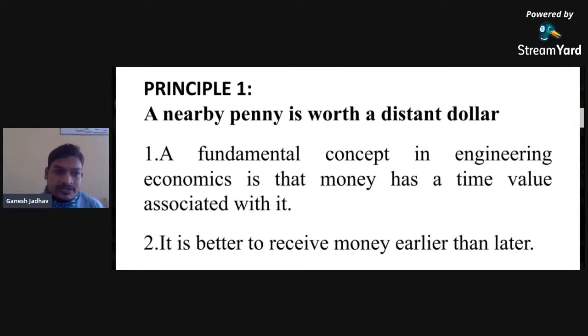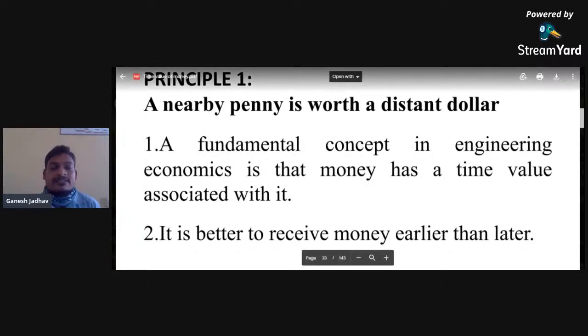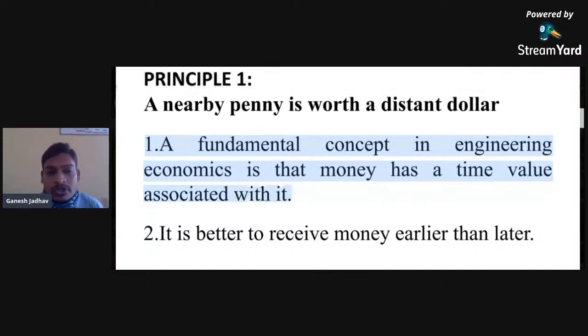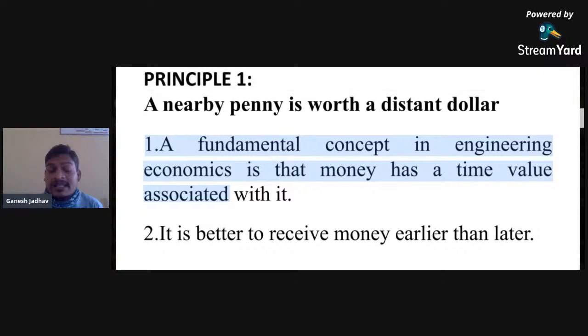A fundamental concept in engineering economics is that money has a time value associated with it. What is the time value of a particular dollar? What is today's value? Any value after 5 to 6 months will be a different value.